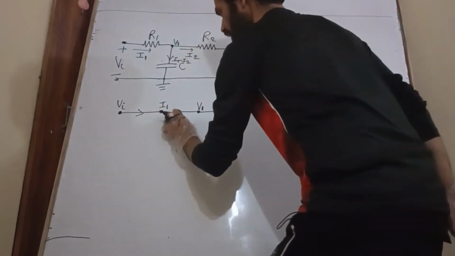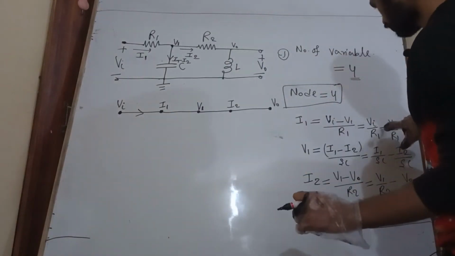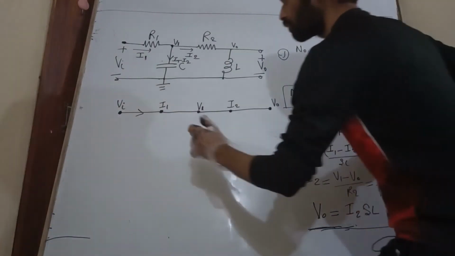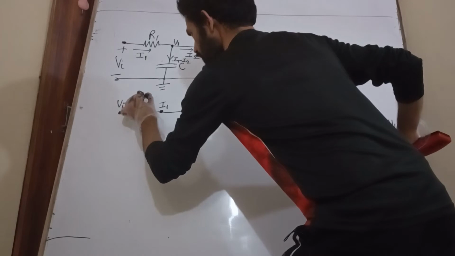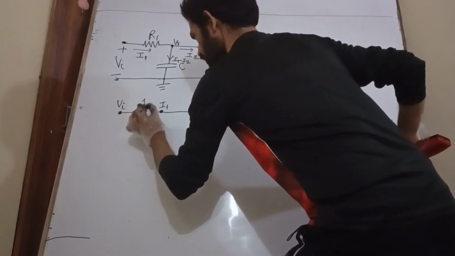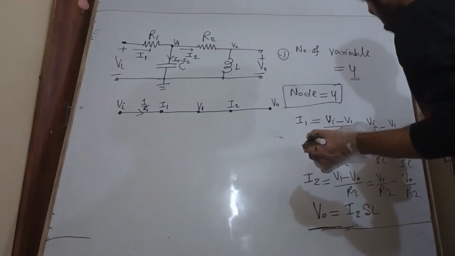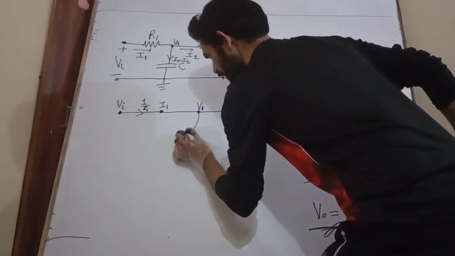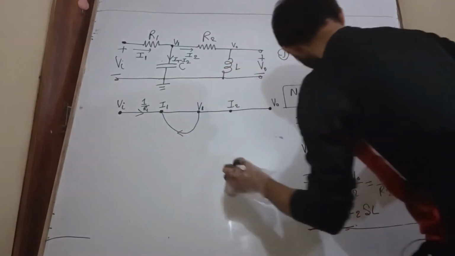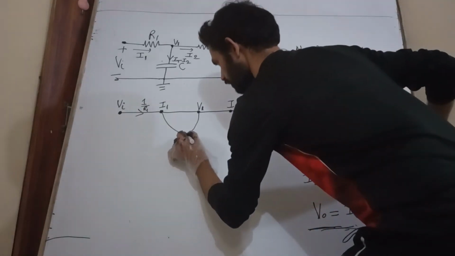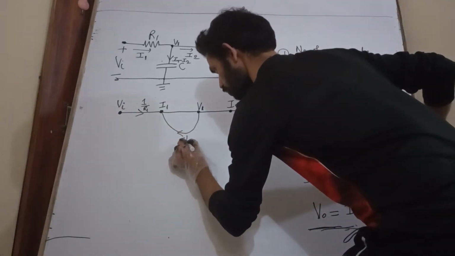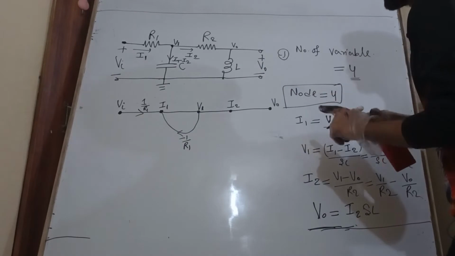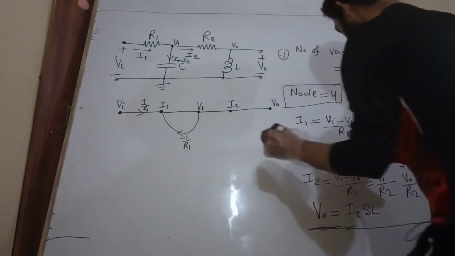Okay, first one is what? I1. See here, I1. I1 is what? Vi by R1, so 1 by R1. Okay, so next is minus V1 by R1. That is what? Feedback. See here, how much? Minus 1 by R1. So next is V1.